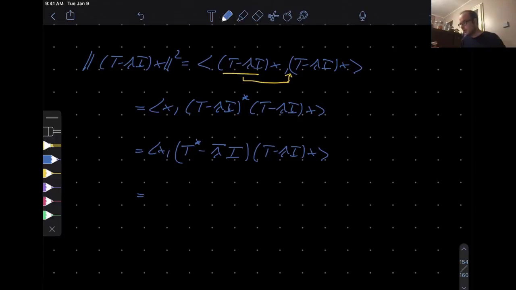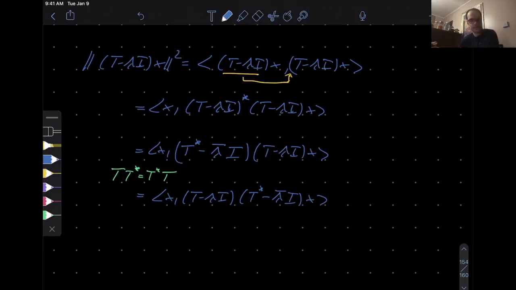Okay, so now you carry out the algebra, and that little check I will leave to you. You just have to multiply out these two brackets. This is exactly the same as (T minus lambda I)(T star minus lambda bar I) acting on x. So you can, in other words, swap the order of the factors there, but that uses normality.